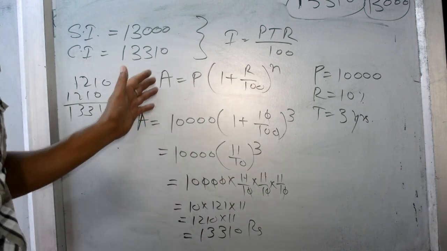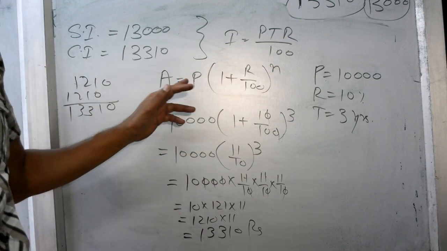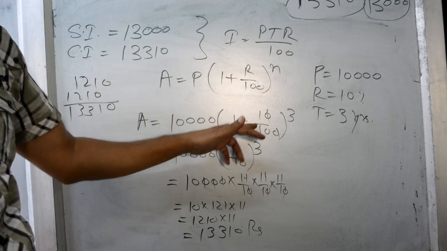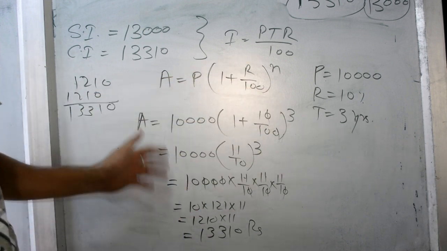Instead of that, by using the formula A is equal to P into 1 plus R upon 100 to the power n, where P is the principal, R is the rate of interest, and n is the year, we can find it out very easily.